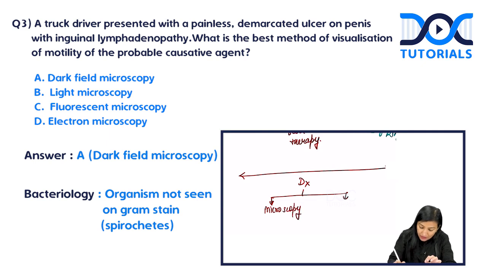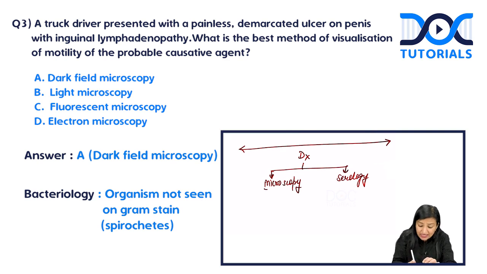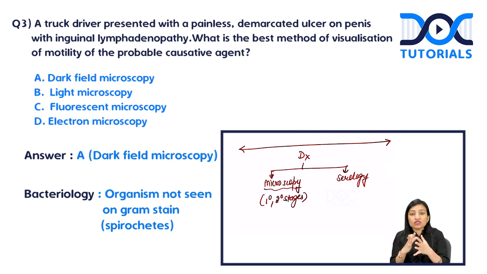Microscopy and serology. Now guys, it makes sense to do microscopy in the earlier stages of the disease, that is in primary and secondary stages, because the shorter the duration of infection, the less likely it is that antibodies would have been produced, and it is more likely that the organism could be encountered in the clinical specimens.